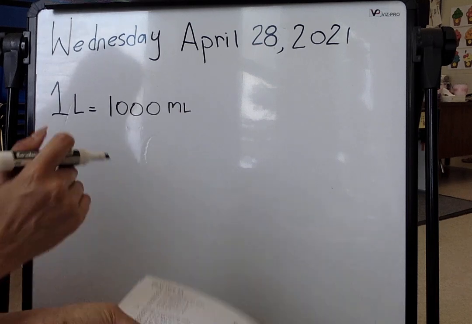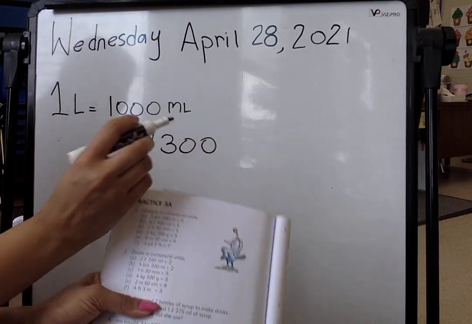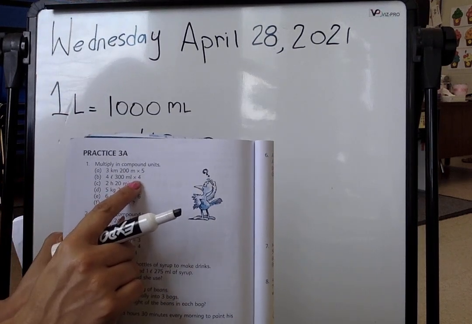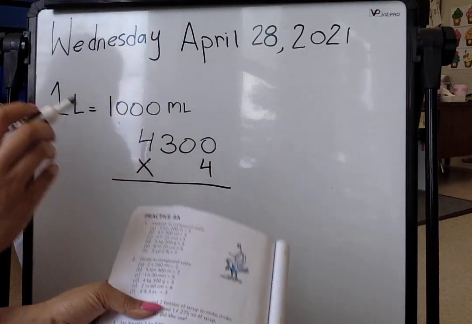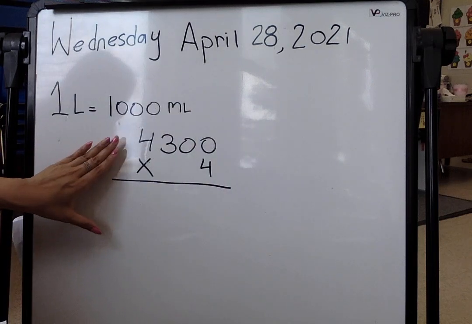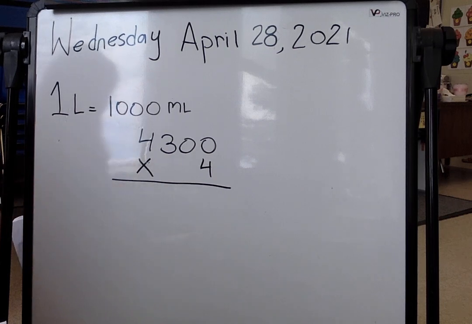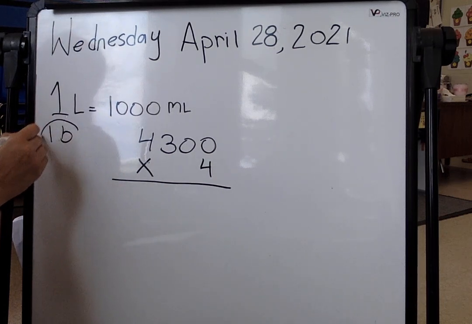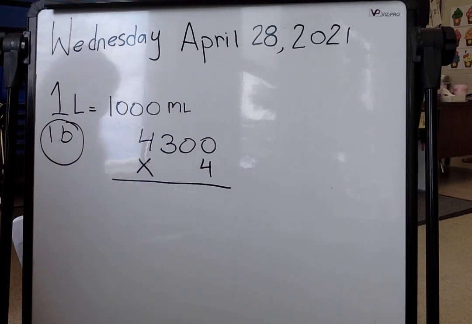So 4,300, and what are we multiplying it with? Times 4. So go ahead and do this one, okay? And grade 4s, only when you're done this, you can go and check your answers. So this was 1B. For 1B, we are multiplying it like this, okay?